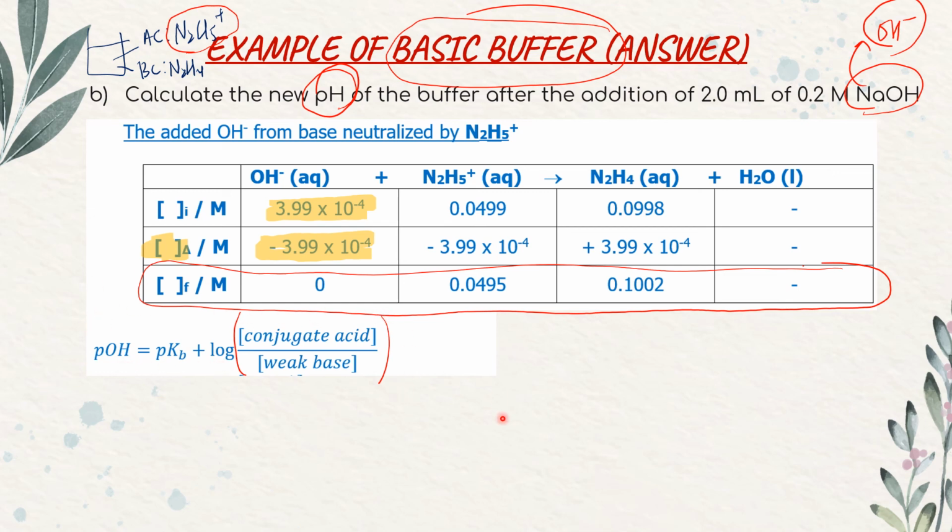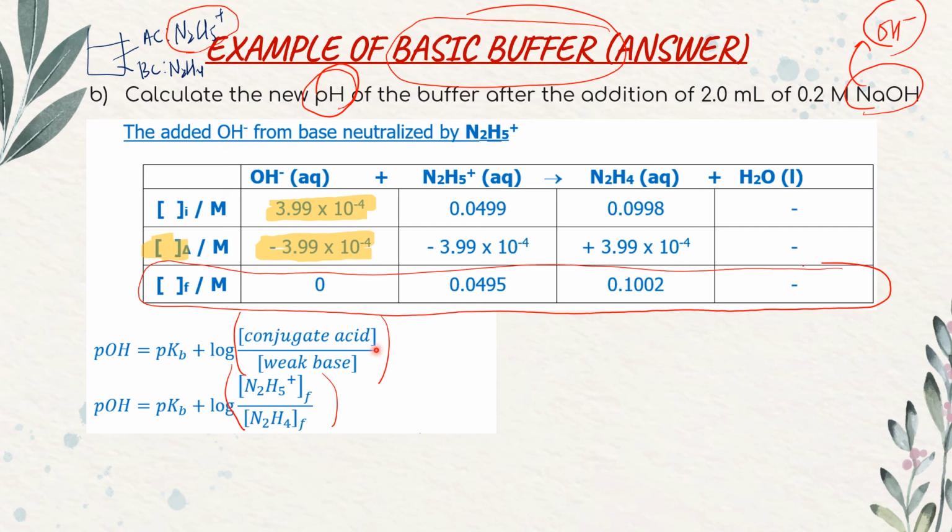The Henderson-Hasselbalch equation is based on what buffer we use, not on what we add. Likewise, for an acidic buffer with added strong base, to find the pH we still use pH equals pKa plus log concentration of conjugate base over weak acid. So substitute back. This is the equation, and here it must be the final concentrations, because we need to take the last concentrations.